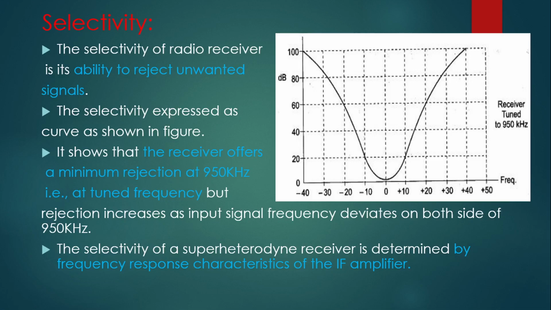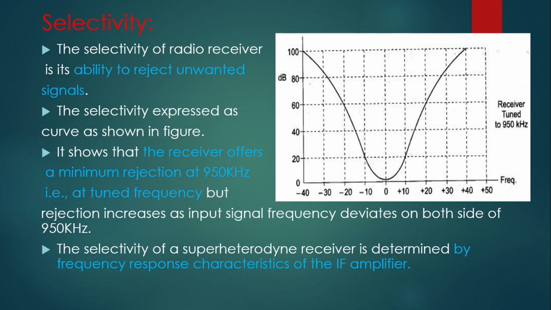Then at 950 kilohertz the receiver offers minimum rejection. And when the frequency deviates from 950 kilohertz on both sides, upper side as well as lower side, the rejection increases. That means the frequencies other than 950 kilohertz are not accepted by the receiver, and they are rejected.